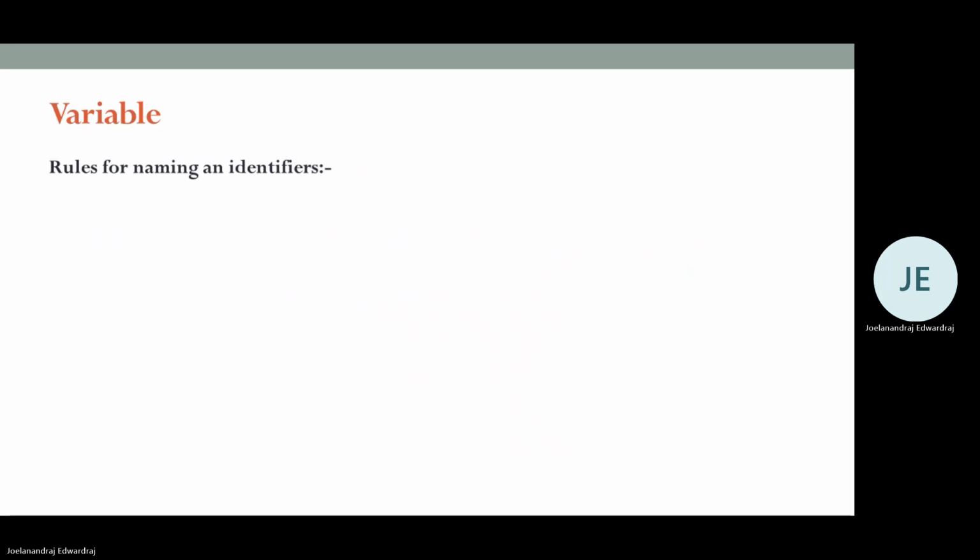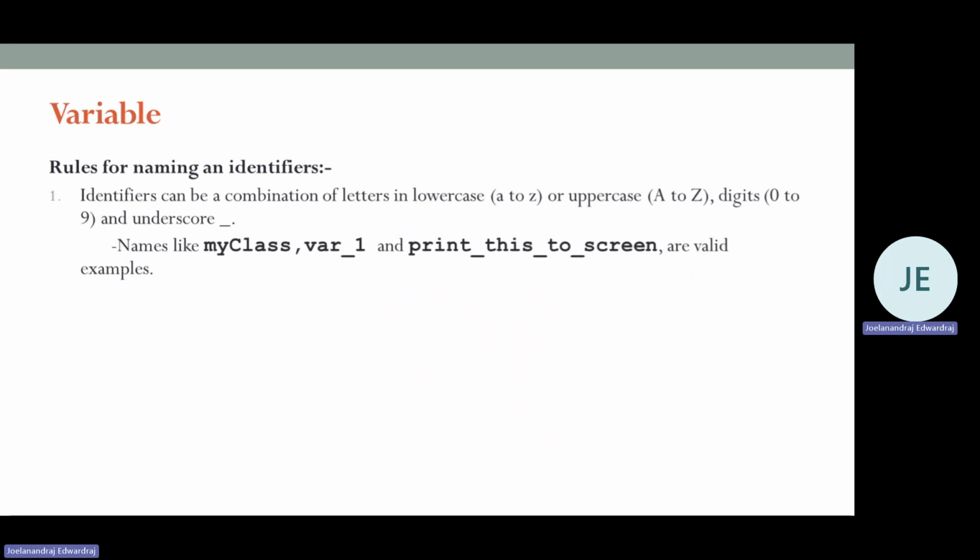Got it? While naming the variable, make sure there are no numbers at the beginning of the variable. No special characters apart from underscore. You should not use any special character, including space. Space is also a special character. You can use uppercase and lowercase alphabets, but uppercase is different from lowercase, so understand that while naming a variable.